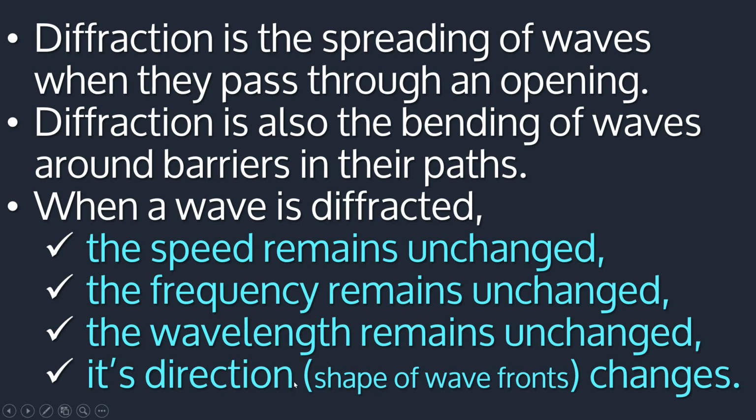The change of the direction is always indicated by the change of the shape of the wave fronts. They may be circular and become more circular, or they may be plain or straight, and then they end up circular or slightly circular at the ends. As we shall see.